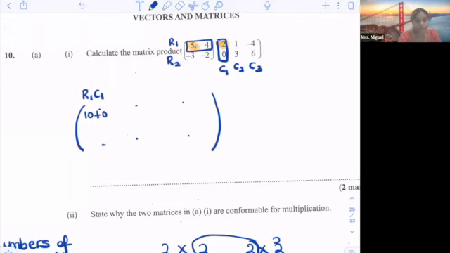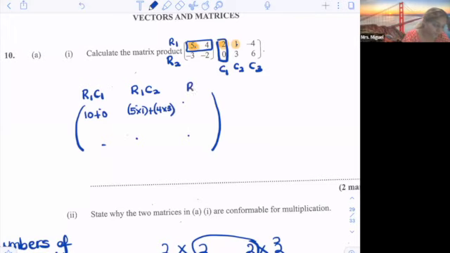So the next element, row 1 by column 2. So we multiply 5 by 1 now, plus 4 by 3. So we have finished with row 1, column 2.